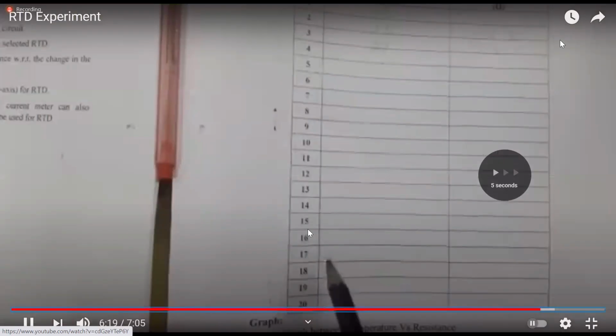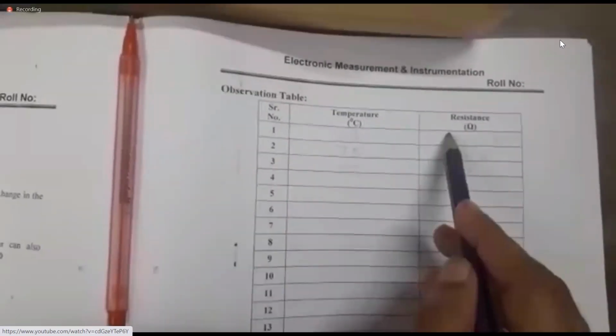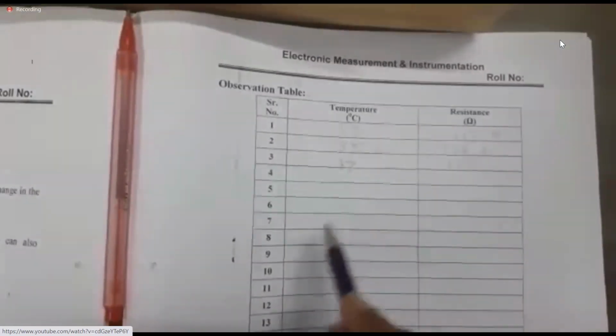Similarly, you can take 10 readings and find that the temperature versus resistance characteristic of the RTD is almost linear.